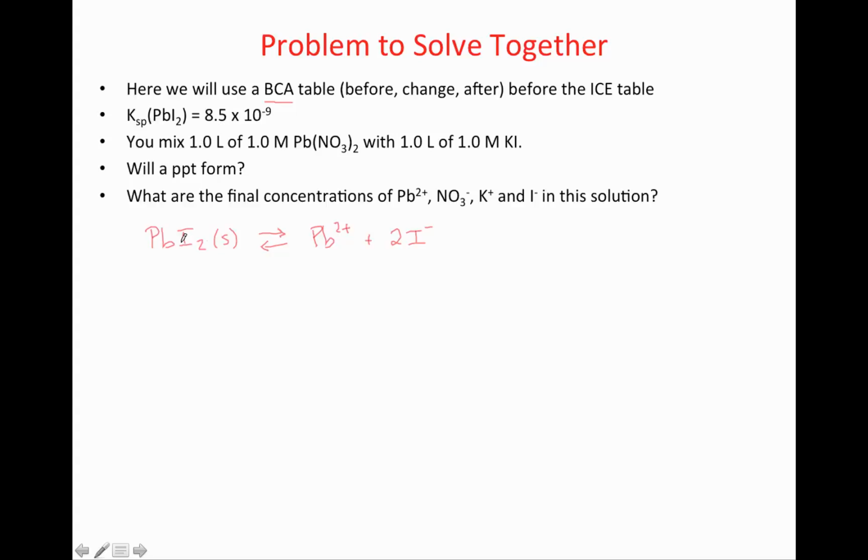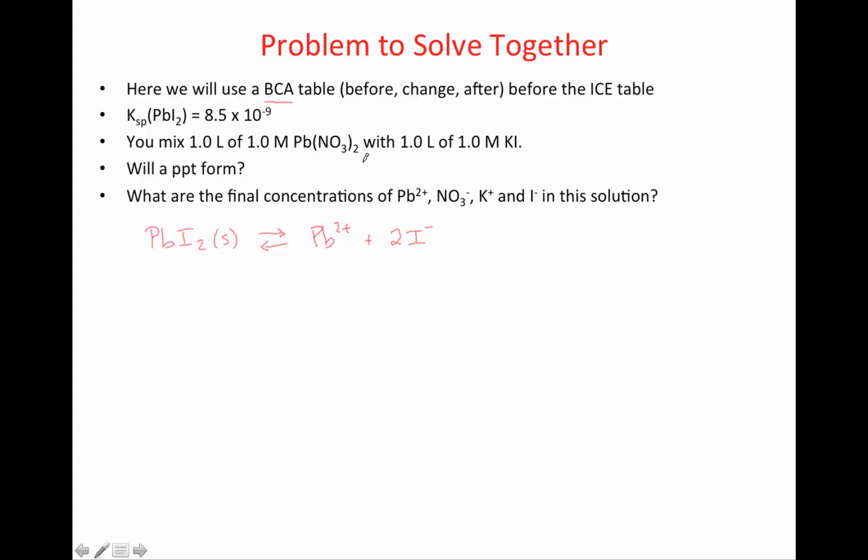Now, the equilibrium that I care about is this one right here. I know that all nitrate salts are soluble, and so I'm going to make some nitrate here, but the nitrate just kind of sits there and swims around. It's a spectator ion. And I know that all potassium salts are soluble too, and so I'm going to make this solution. The potassium is just going to kind of swim around.